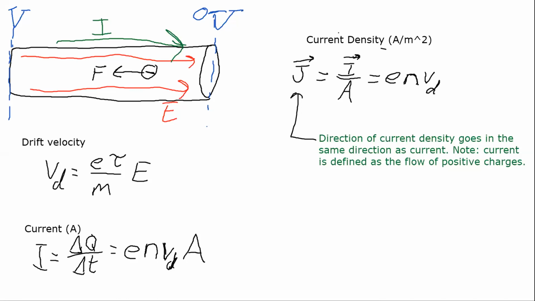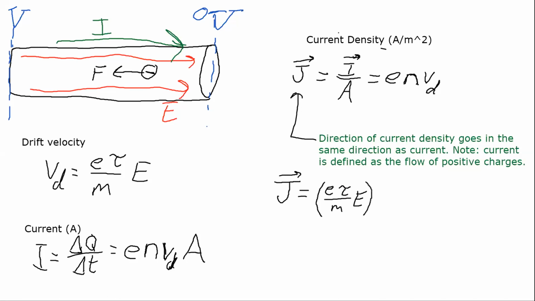The other reason we need current density is that if we explore this a little bit, we start to get current density in terms of something that depends on the material. Let me make a substitution here for V_D. V_D, as you can see on the left side of the screen, is E tau over m_e.